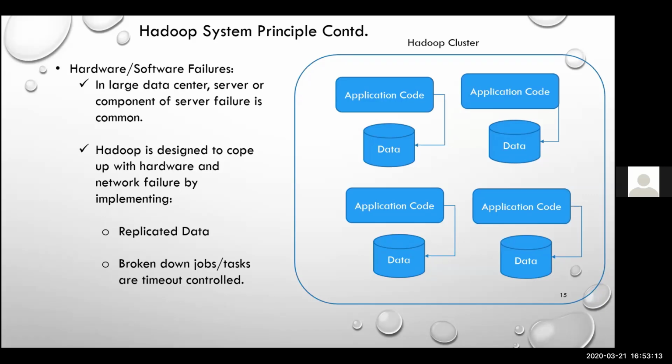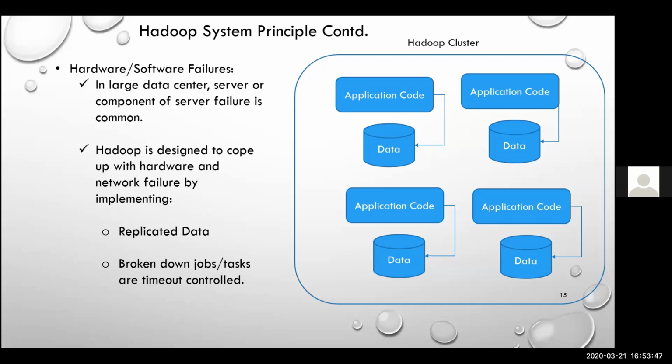Now, if a whole node is down, we store the data also in a distributed format. If one node is down, how can we access data which has been kept in that specific node? So whenever a user is putting a specific file, let's say a 1 gig file, it is broken down into pieces of blocks, and those blocks will be distributed to n number of nodes out of, let's say, 100 nodes.